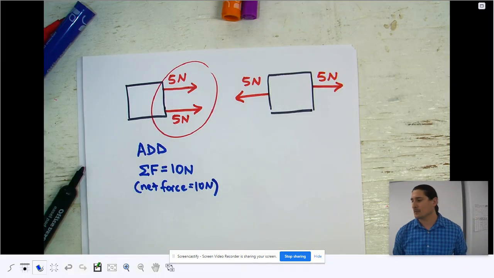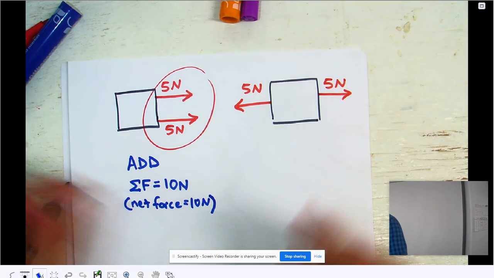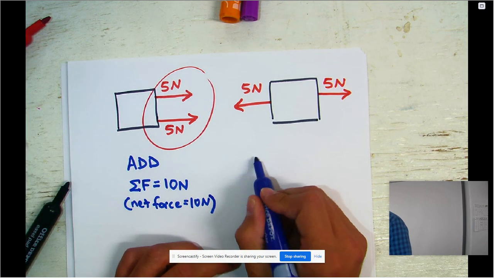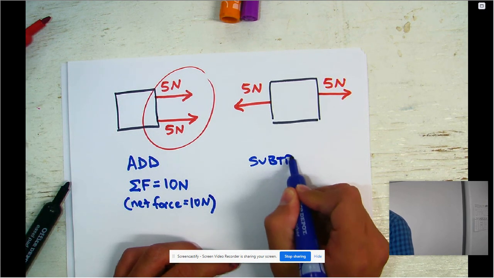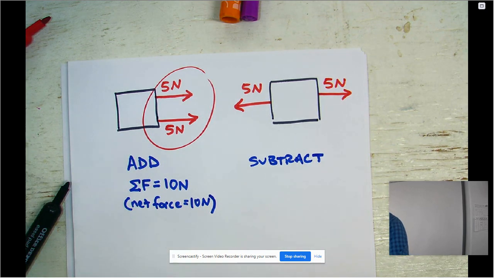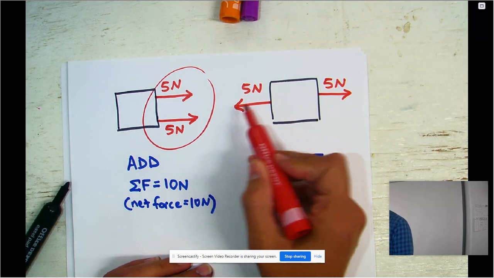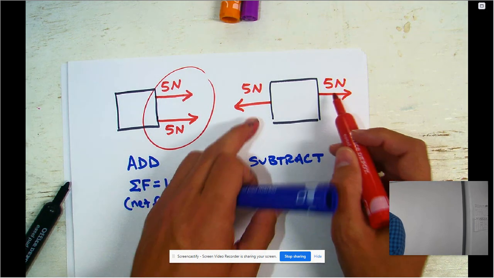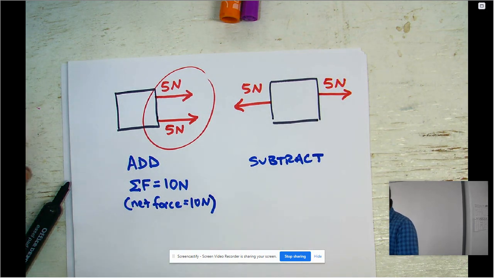If your forces are in opposite directions, we are going to subtract. So if you take 5 newtons to the left, 5 newtons to the right, we're going to subtract because they're in opposite directions.